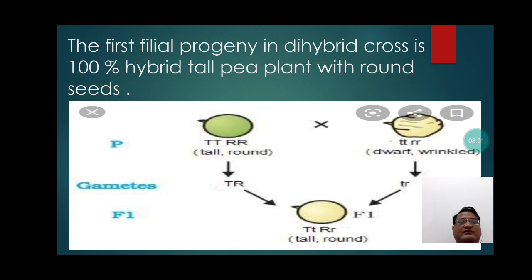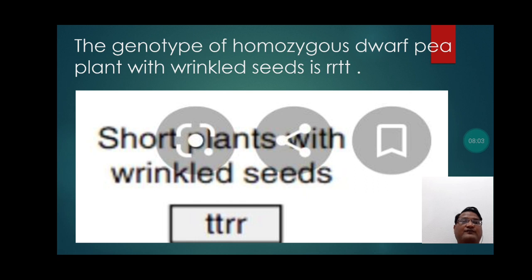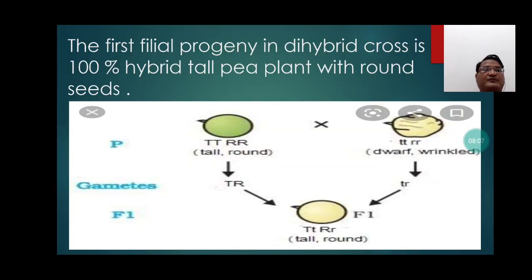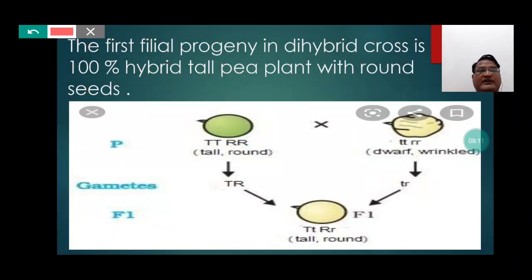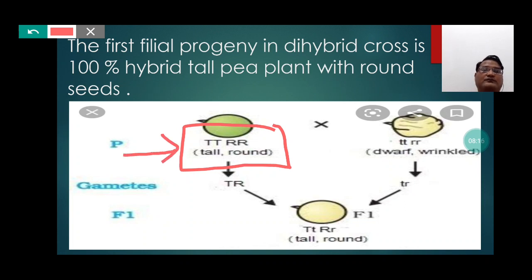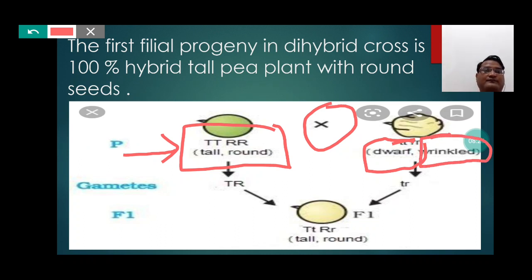So students, this concept can be well understood with the help of this picture, where you can clearly notice that the pure tall with pure round seeds is further crossed with the pure dwarf plant having pure wrinkled seeds.